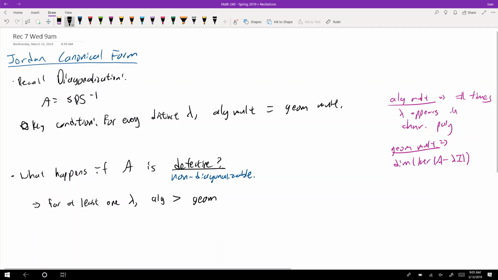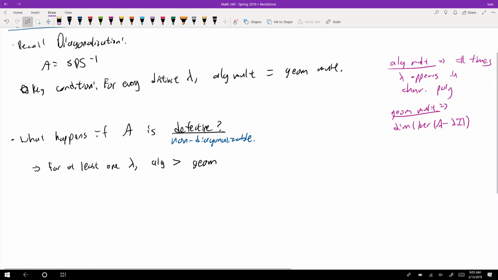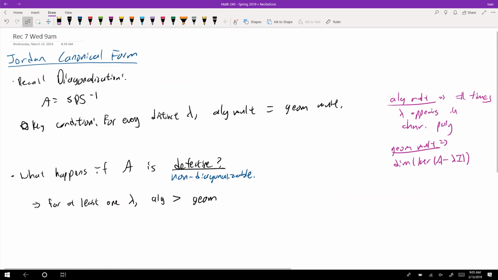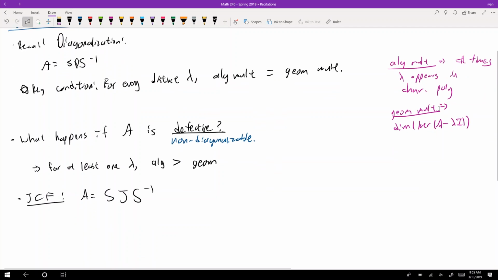Okay, so what happens when A is defective? Well, we have to write it in Jordan canonical form. JCF is Jordan canonical form, and for a defective matrix, this is how we have to write our matrices. In Jordan canonical form, you write A as SJS inverse rather than SDS inverse. And so what is S and what is J?